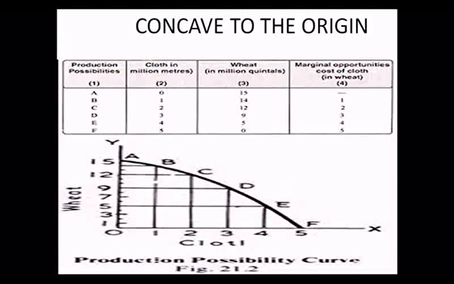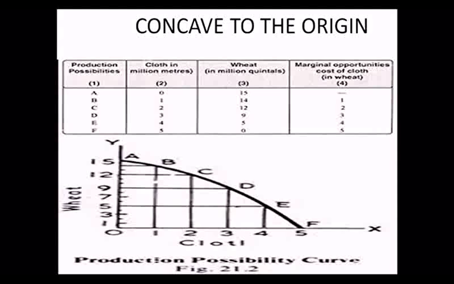You can see in this diagram that we are taking two goods, cloth and wheat. An economy can produce two goods, cloth and wheat. And we can see when production of cloth increases continuously, production of wheat decreases because of the limited resources and limited technology.